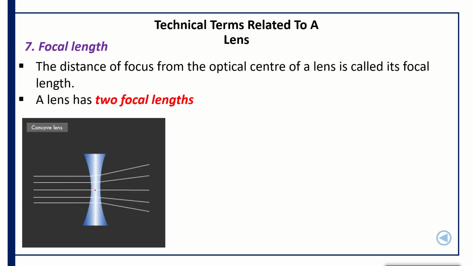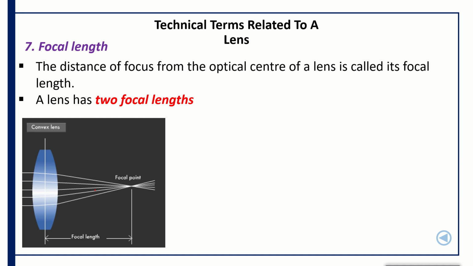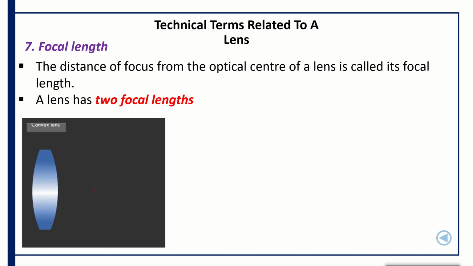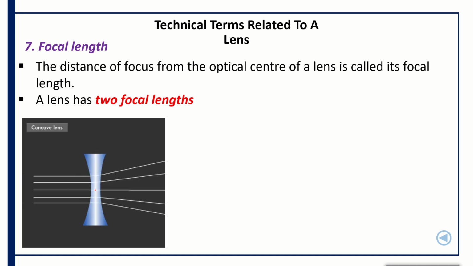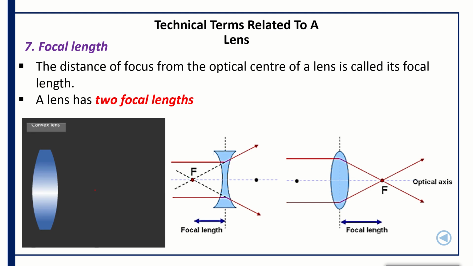If I am taking it from the primary focus, it will be the primary focal length. If I am taking it from the secondary focus, then it will be the secondary focal length. So the distance of the focus from the optical center of a lens is called its focal length, and it has two foci, so it will have two focal lengths.